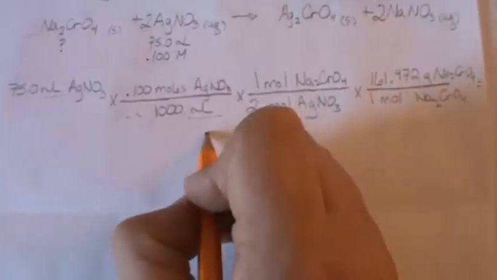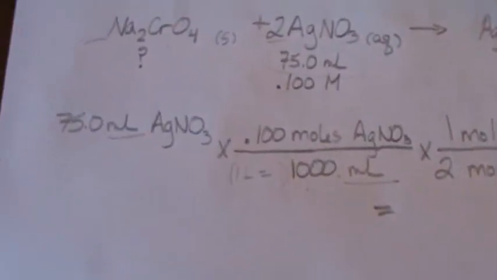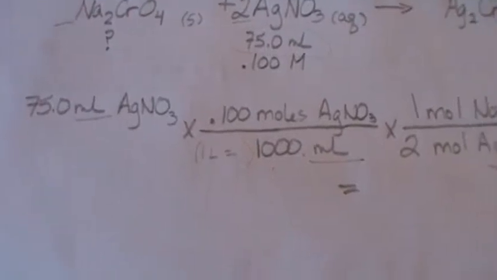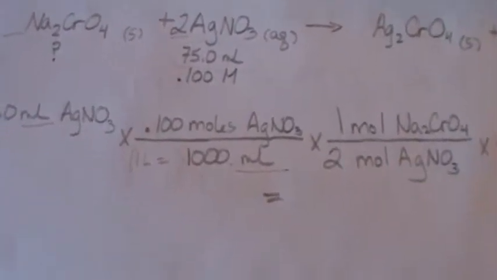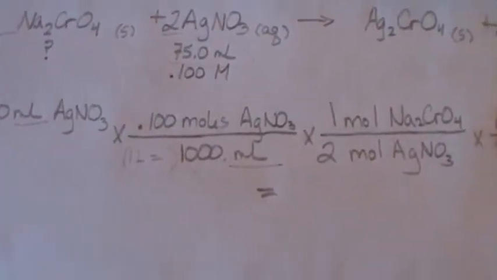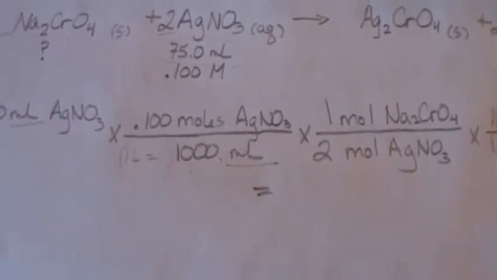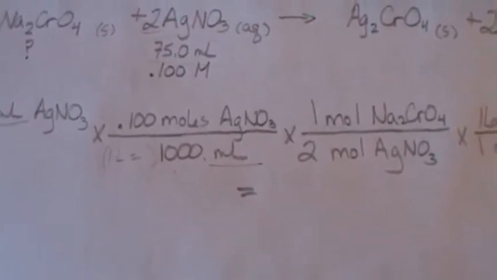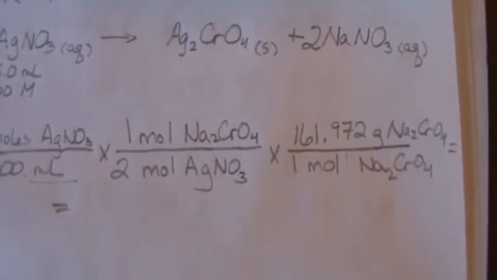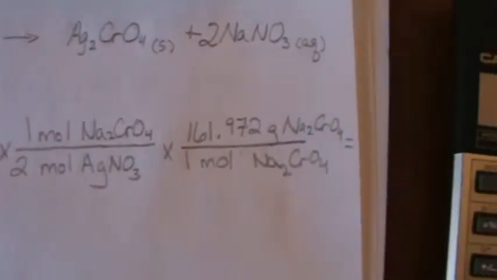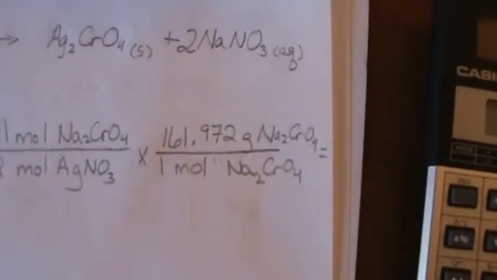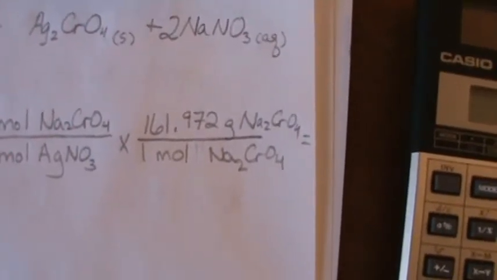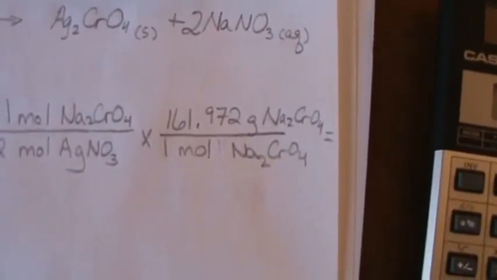There, so I can do the whole thing in one long step. Now I work through the math and I say, okay, I have 75 milliliters times 0.1 divided by 1,000, divided by 2 times 161.972.